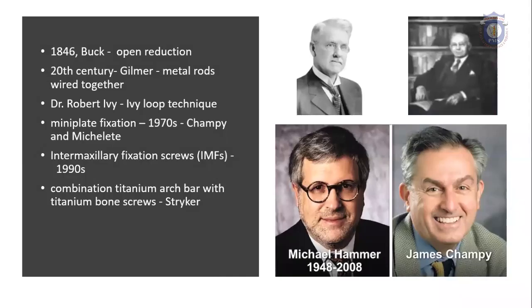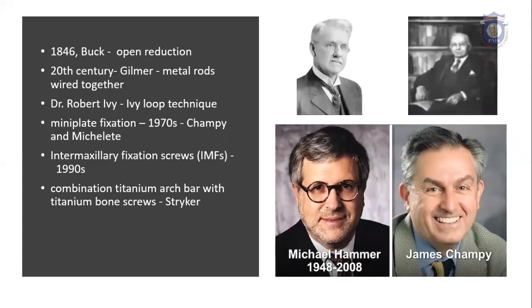The concept of open reduction came into practice, or was documented, only in the 18th century. We don't know whether it was practiced even in the 16th century before Christ or in the earlier stages. The documented open reduction came into practice in the 18th century, and later various modifications came.